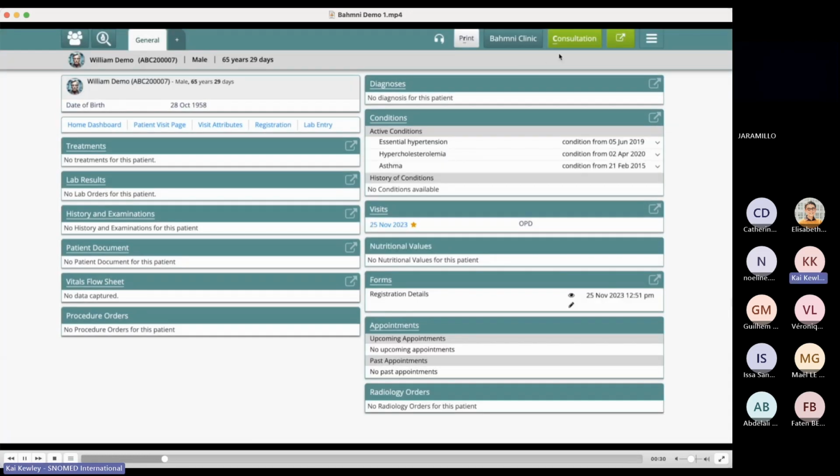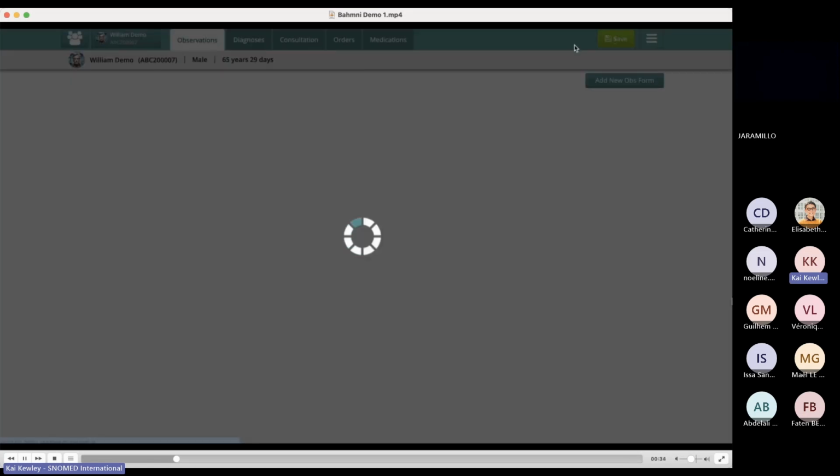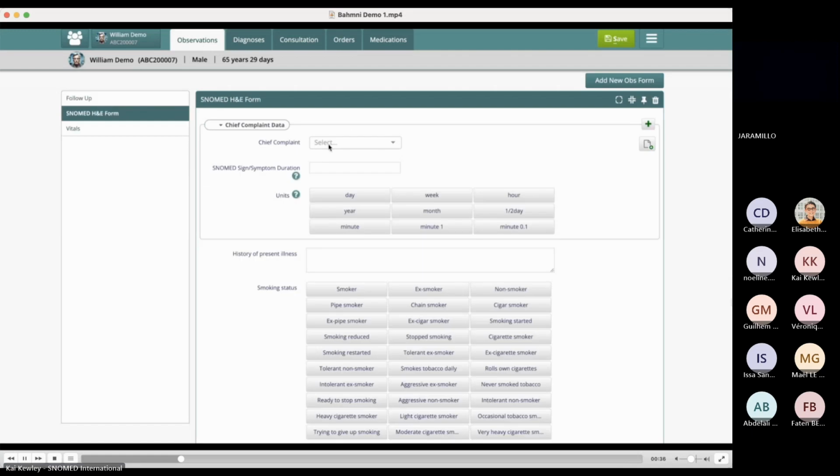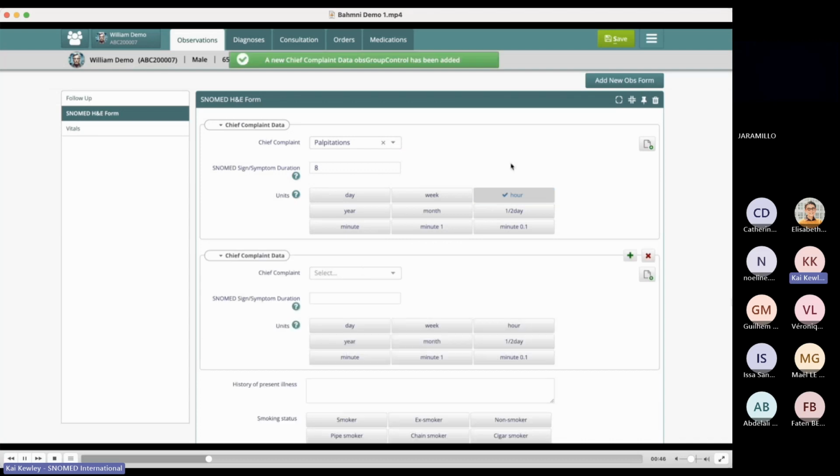It's a 65-year-old male with asthma, hypertension, and hypercholesterolemia. He presents to the visit with palpitations and fatigue of recent onset. We will use the history and examination form to record this information by selecting terms from SNOMED CT, powered by Snowstorm Lite, the integrated terminology server.